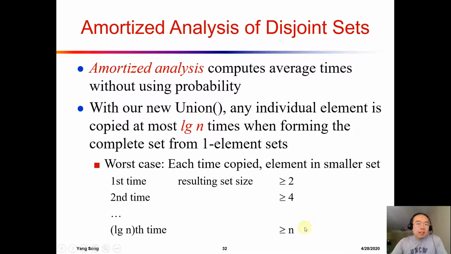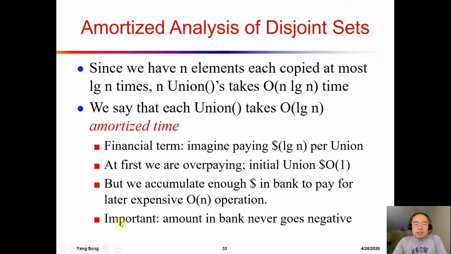So that is the upper bound of how many times an item in a set can be copied. The strategy is we always copy a smaller set into a bigger set, and the upper bound on the number of times an item is copied will be log n.